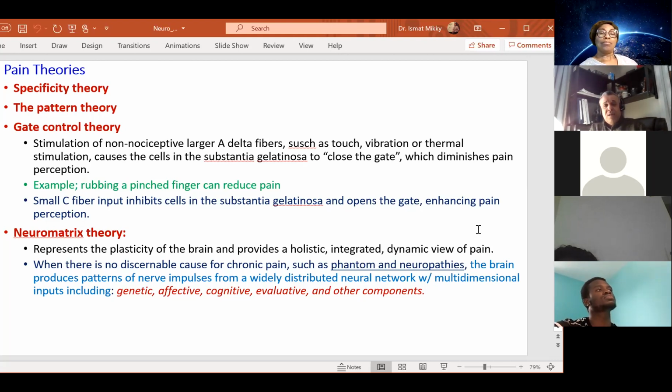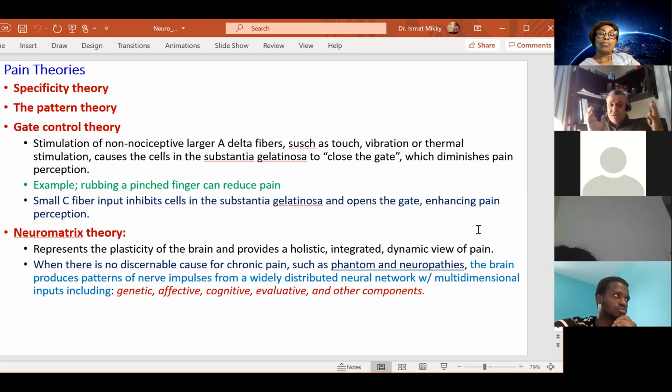The last one is the neuromatrix theory. This theory represents the plasticity of the brain and provides a holistic, integrated, dynamic view of pain.